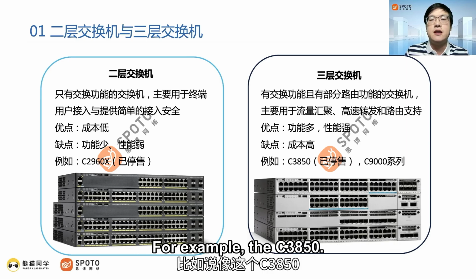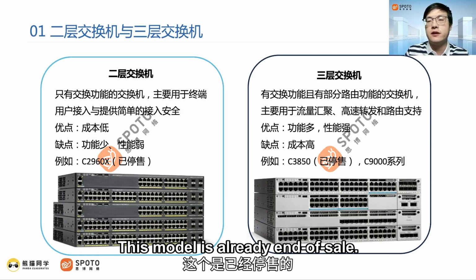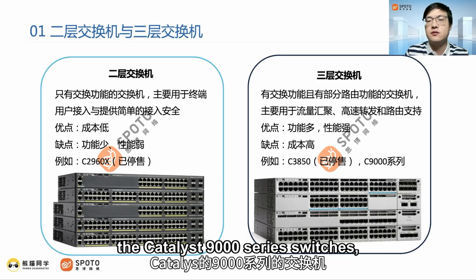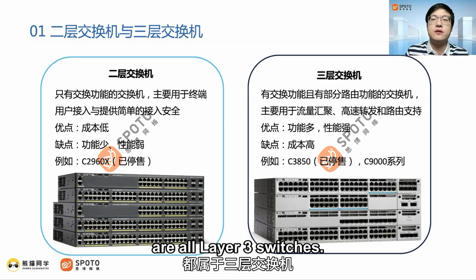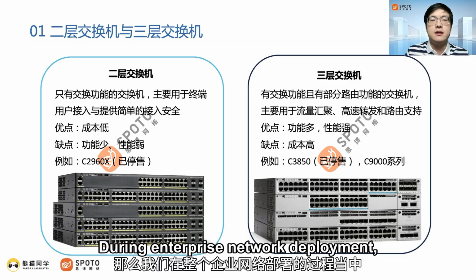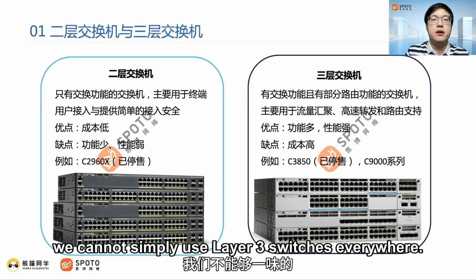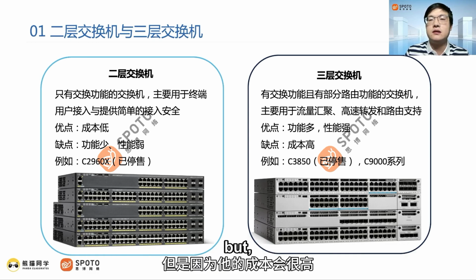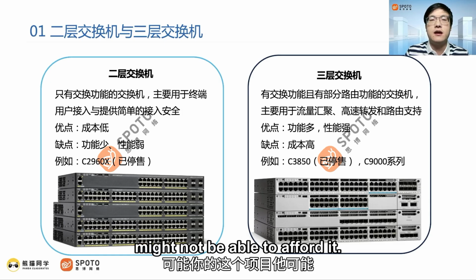For example, the C3850. This model is already end of sale. The latest Catalyst 9000 series switches are all layer 3 switches. During enterprise network deployment, we cannot simply use layer 3 switches everywhere. Although its performance is great, and it has many features, because the cost is high, your project might not be able to afford it.